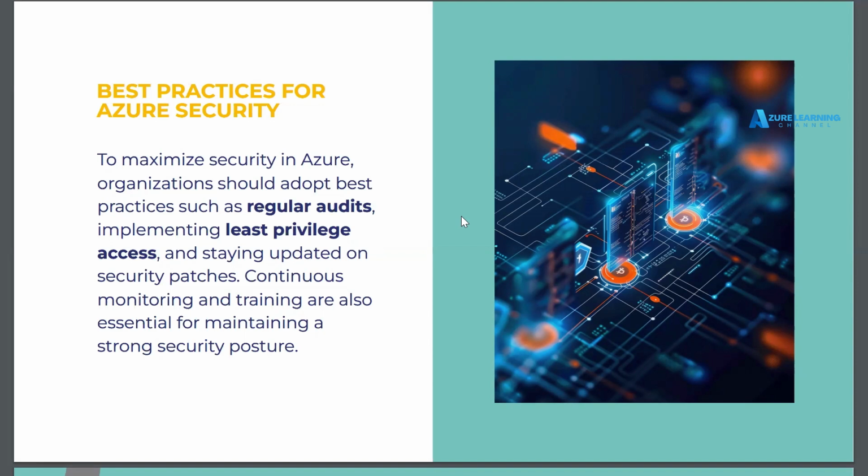And also we need to provide the least privilege. Least privilege means we have to figure out what work a person is going to do. For example, if one employee is a developer, he is going to access Azure functions and the storage account.